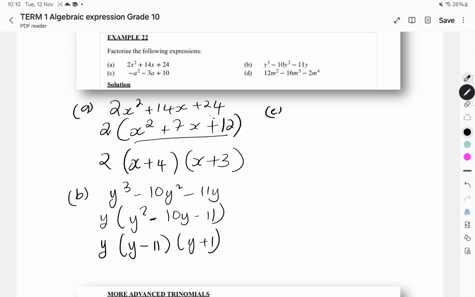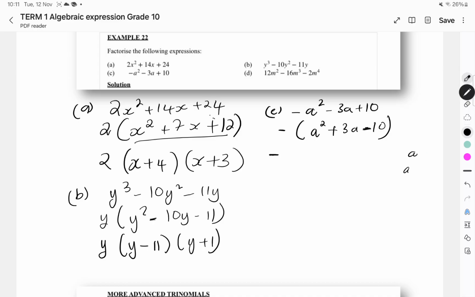Number C, I have minus a squared minus 3a plus 10. I have a factor here that is common. This is minus, so I can take minus out as a common factor. This will be a squared plus 3a minus 10, right? Factors of 10 that can give you 3, and the sign is minus, so the bigger number will take the sign of the middle.